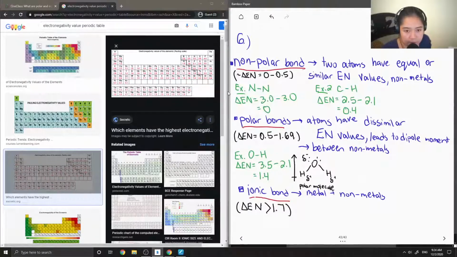Okay, so we can look at just one more example of a polar bond. Let's say the phosphorus-fluorine bond. The electronegativity value of fluorine is 4. It is the highest electronegative element on the periodic table. And for phosphorus, it is 2.1.